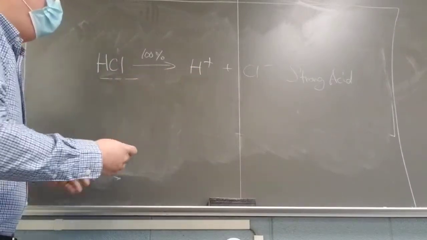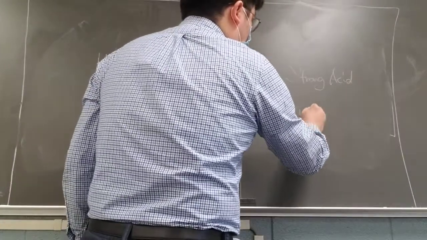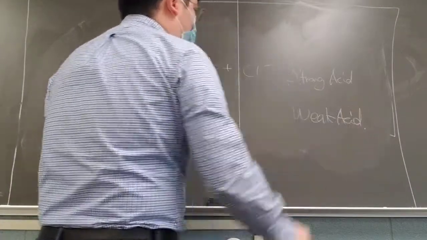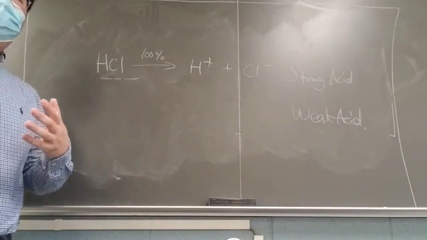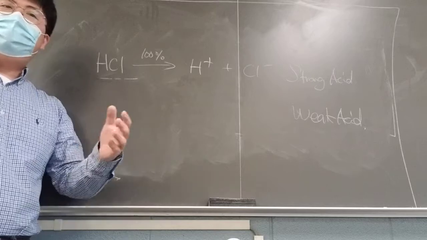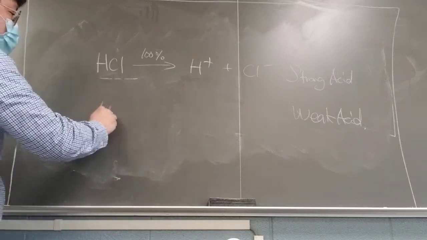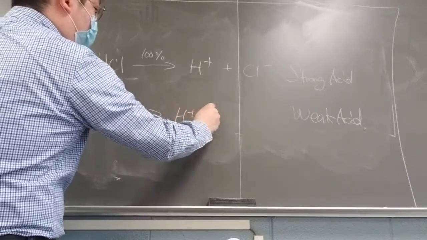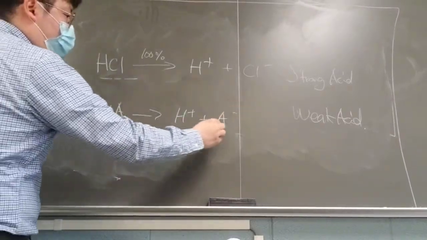Okay, but whenever you have a weak acid, it means they're going to give you some protons, but not a lot. So if there is a weak acid of the form HA, it also gives you H plus and A minus, which is your base.